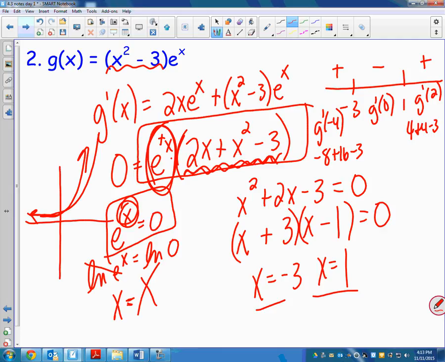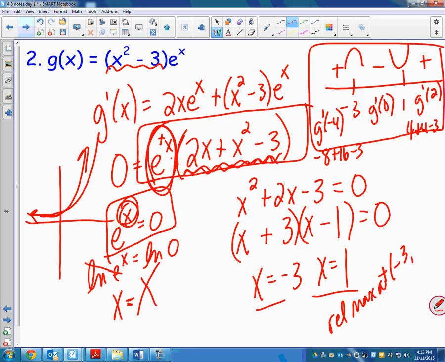We're going to talk about this more, but I do want to tell you that on the AP exam, if they ask you to justify your answer of how you know there's a relative max or a relative min, this chart right here does not count as a justification. You could say increasing to decreasing, decreasing to increasing. We could say there's a relative max at negative 3, and if they ask you to justify your answer, you can't just say, well, look at my sign chart.